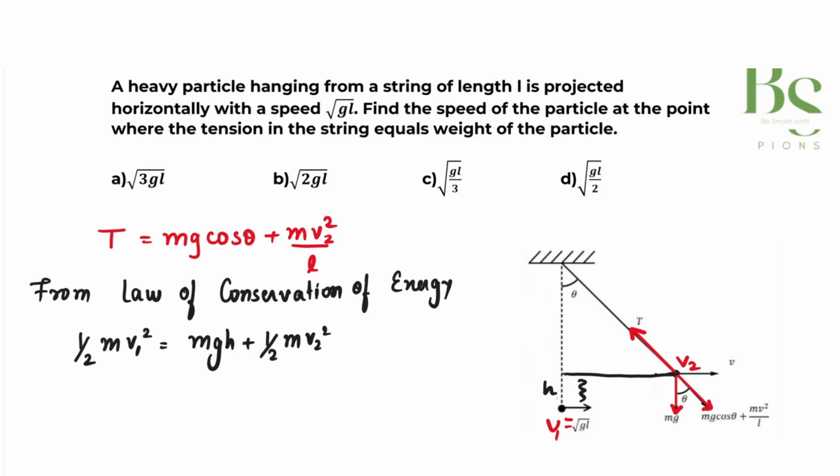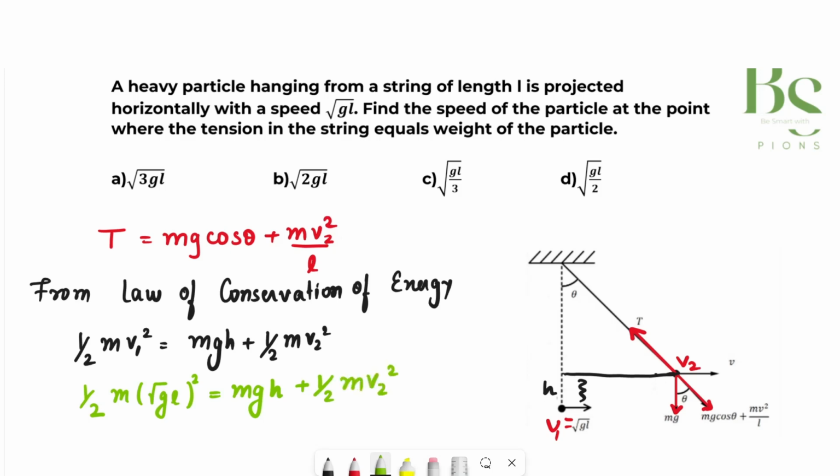Half m, what is v1? Root gL whole square must be equal to mgh plus half mv2 square.